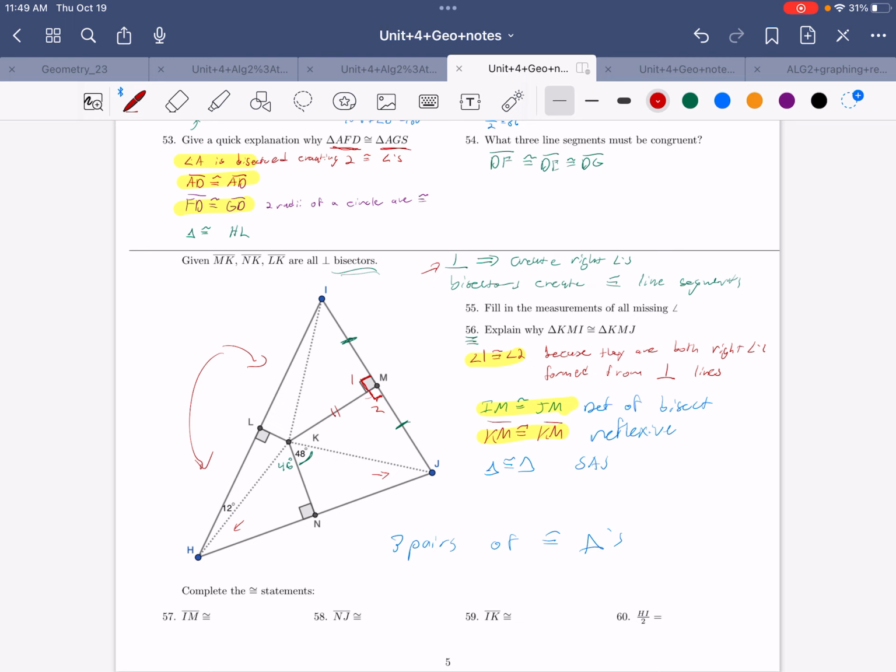They're both part of a right triangle. So you can figure out what this angle is and this angle is pretty easily. At which point you know most of the angles of the triangle, right? The only 2 angles that you don't know at this point are this one and this one.